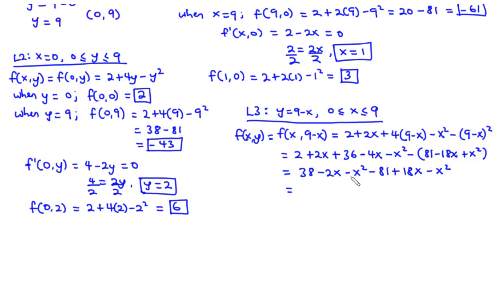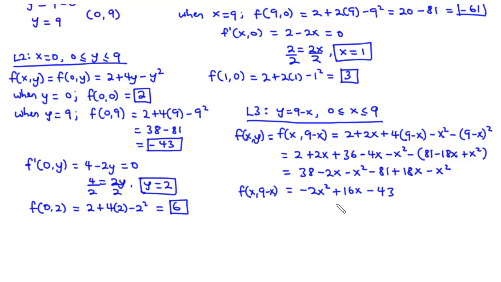So finally, negative x squared minus x squared becomes negative 2x squared, and then negative 2x plus 18x becomes plus 16x, and then 38 minus 81 is negative 43. So we have f(x, 9 minus x) to be negative 2x squared plus 16x minus 43.